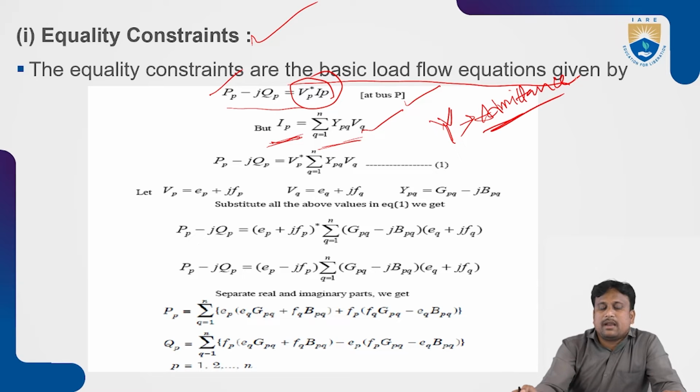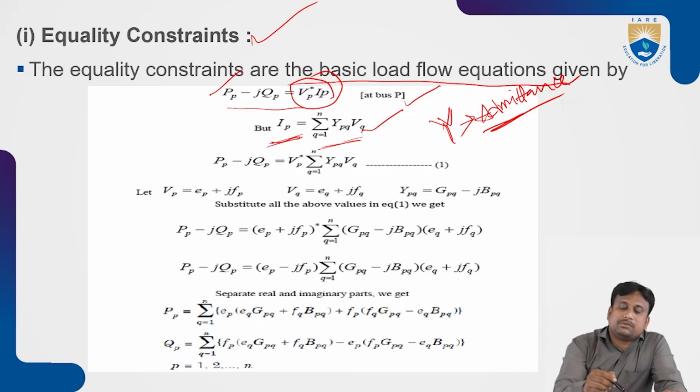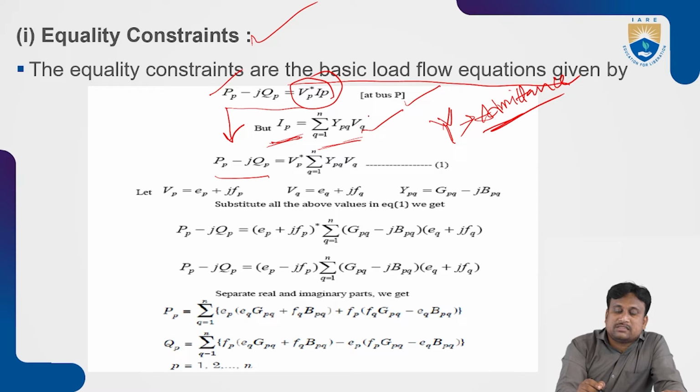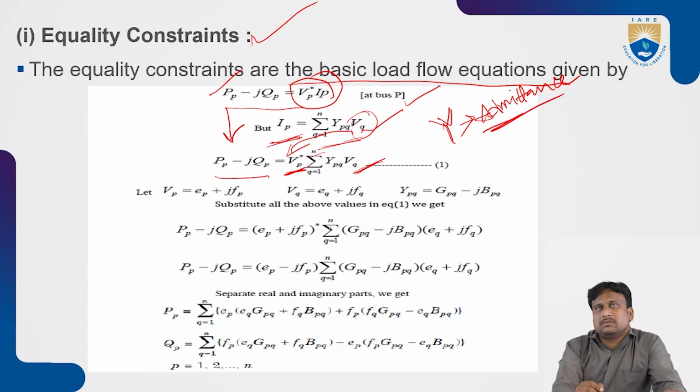Continuing the same expression, Pp minus jQp, if you write this Vq outside in terms of its conjugate, then this becomes summation of q equals 1 to N Ypq Vq. Here this is in terms of p, this is in terms of q, that means real and reactive power coefficients. Now make it equation 1.